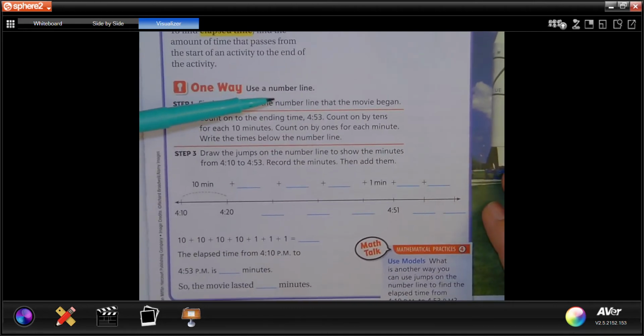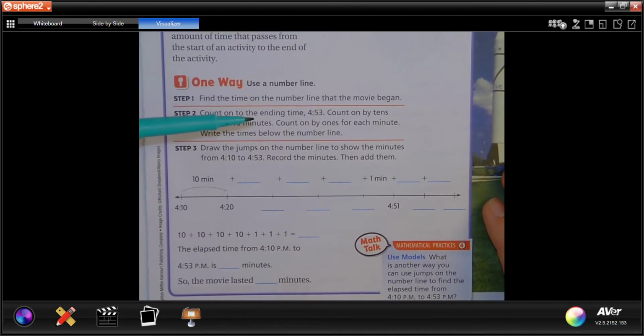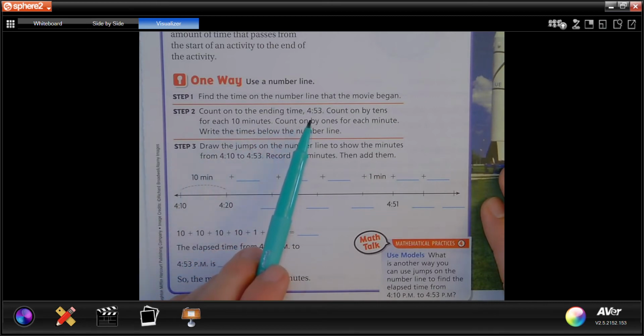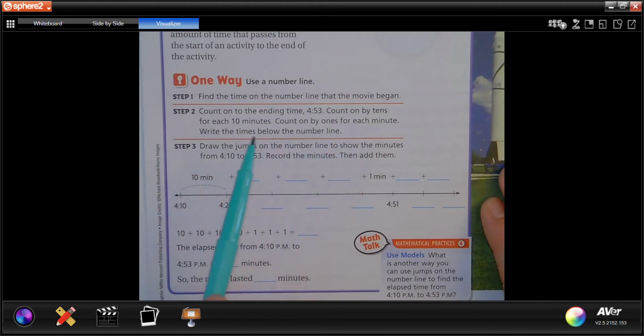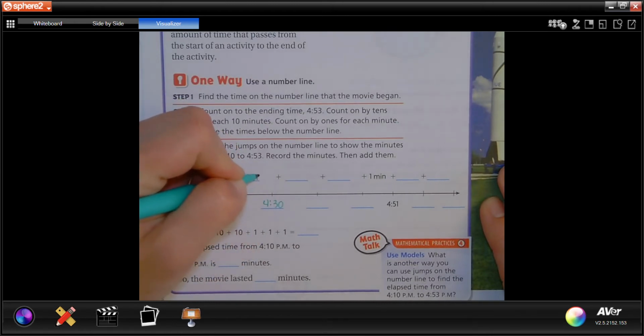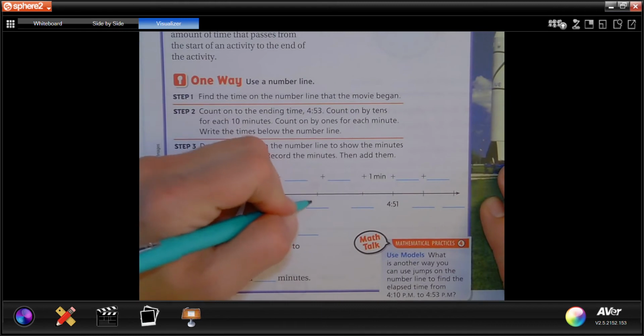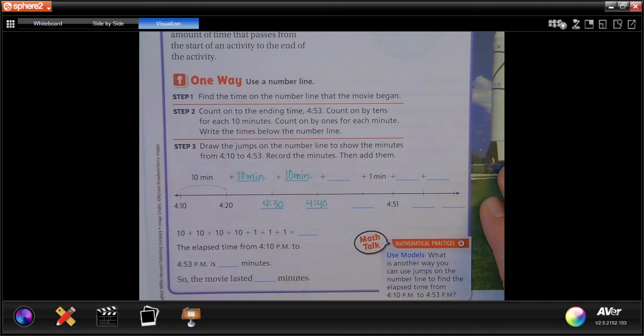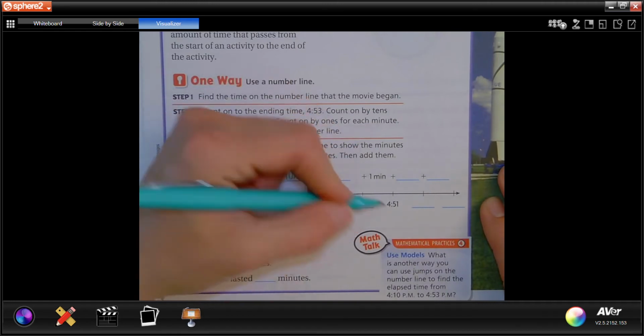One way, use a number line. Step 1, find the time on the number line that the movie began. Well, it began at 4:10. Count on to the ending time, 4:53. Count on by tens for each 10 minutes. Count on by ones for each 1 minute. Write the times below on the number line. All right. 4:10 to 4:20, go 10 more minutes to 4:30. 10 more minutes to 4:40. 10 more minutes to 4:50.